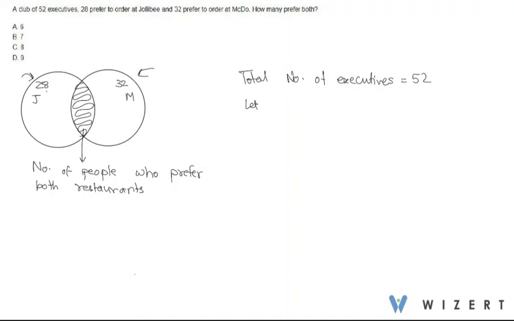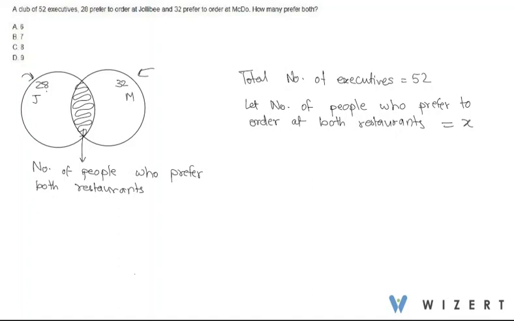So let the number of people who prefer to order at both restaurants be equal to x.